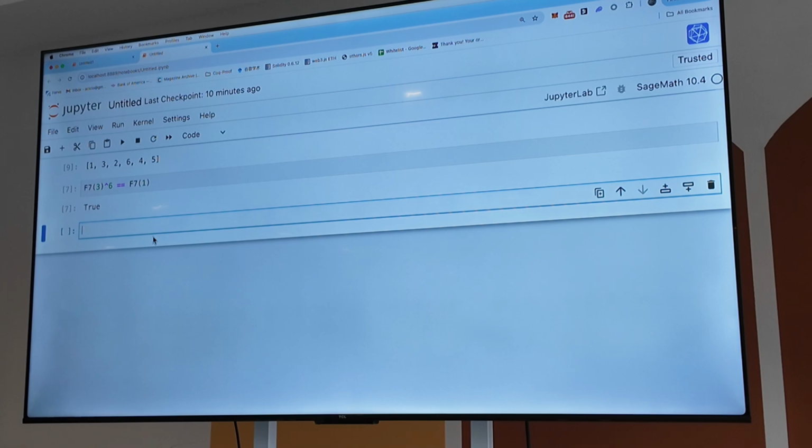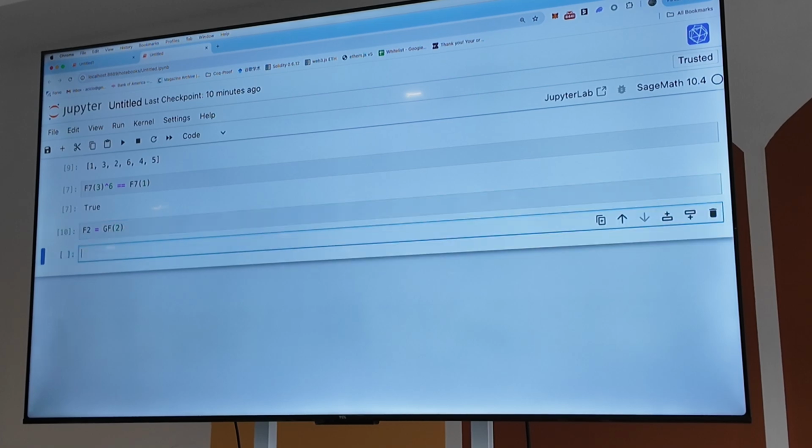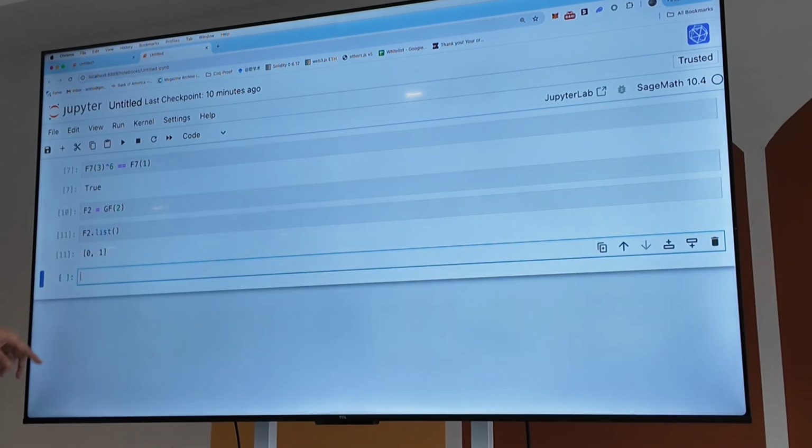So what is a binary field? The simplest binary field is F2, because 2 is also a prime number. There are only 2 elements in F2, 0 and 1.